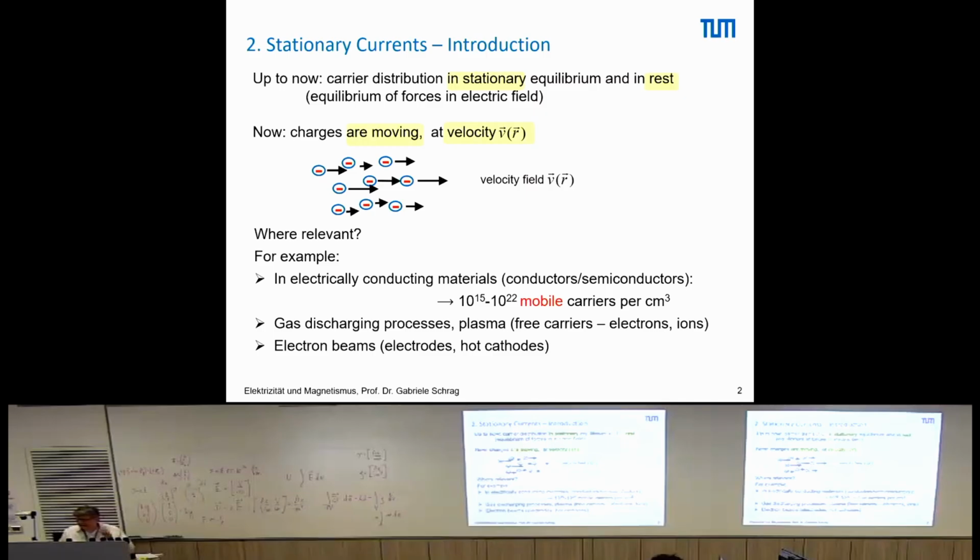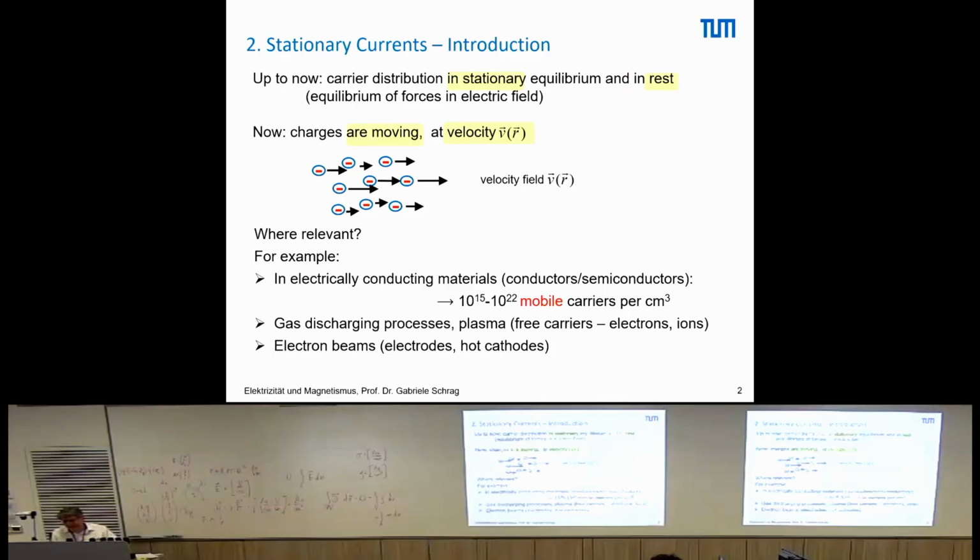And where is this relevant? Well, it is relevant in a lot of cases. We have electrically conducting materials, and as soon as we don't want to look at an equilibrium state, it becomes relevant.